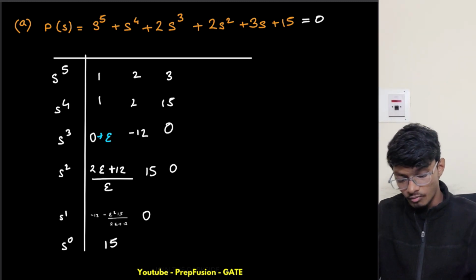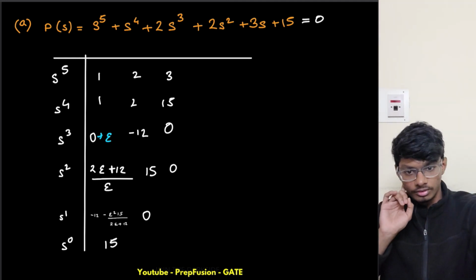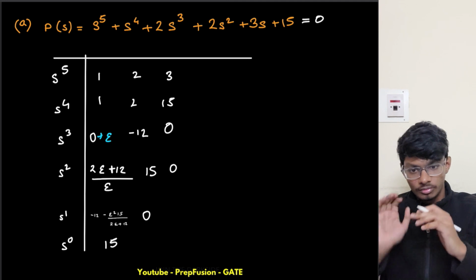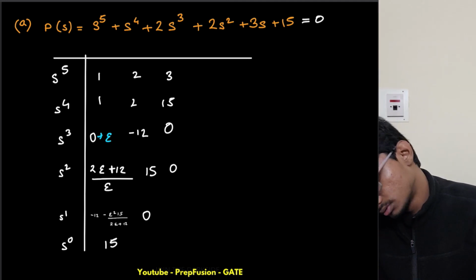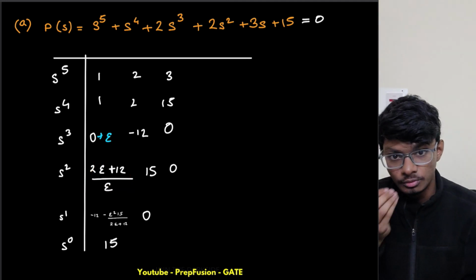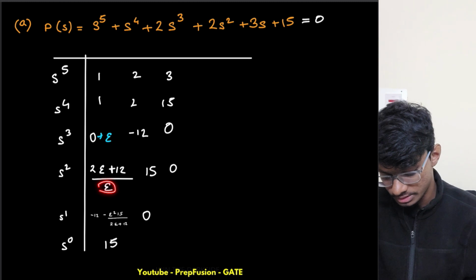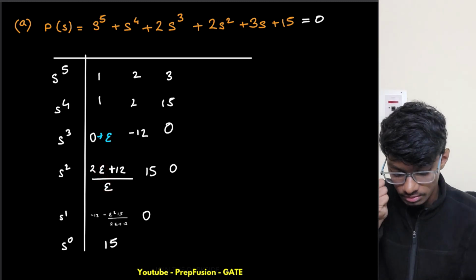So now what I'll do, I will put my epsilon equals to 0. If I put my epsilon equals to 0, I will put this one as 0, and I will assume that this one is a small positive number.